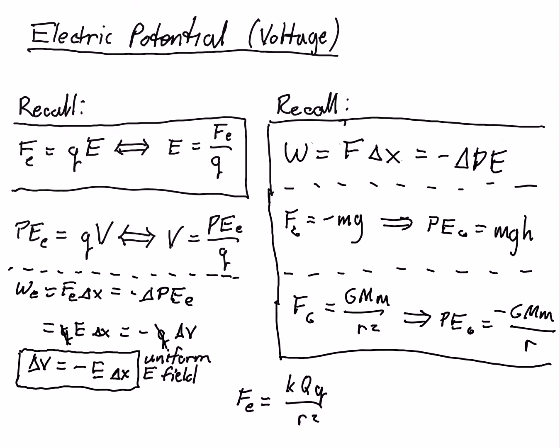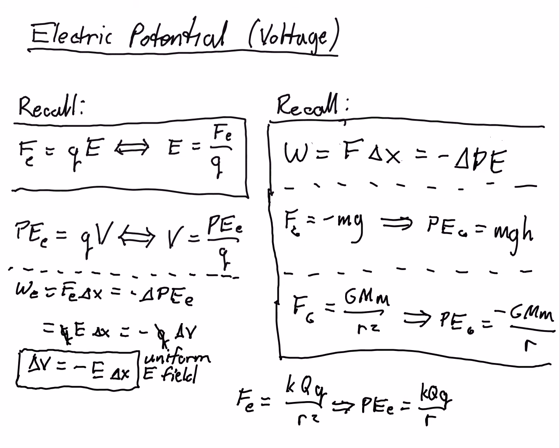Now, recall that the Coulomb force due to an electric point charge takes the same form as the gravitational force. It's the same thing, just with different letters. Instead of GMm over r squared, we have kQq over r squared. We can write the electric potential energy in an analogous way to the gravitational potential energy. That's kQq over r, just like the gravitational potential energy is GMm over r, with different letters.